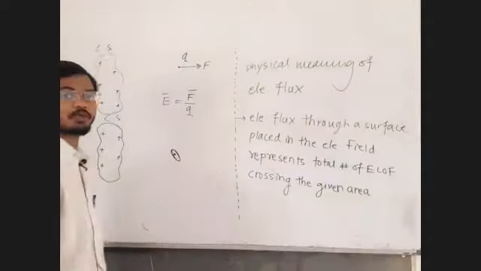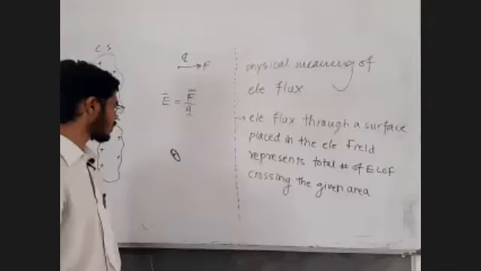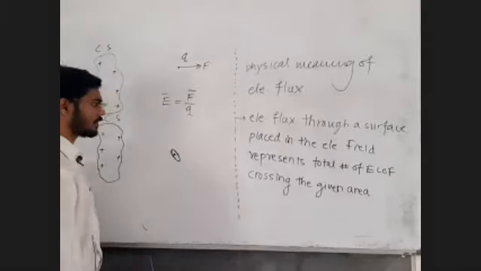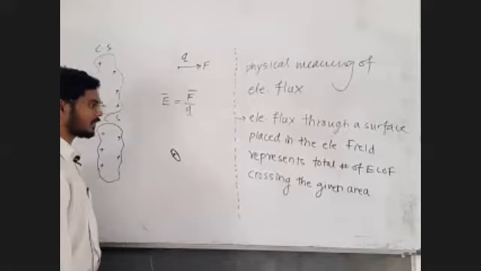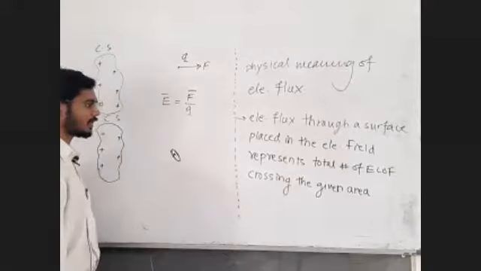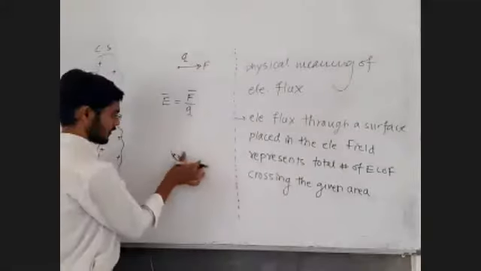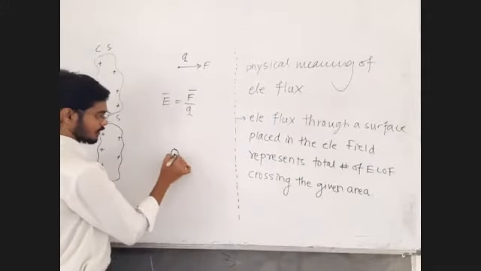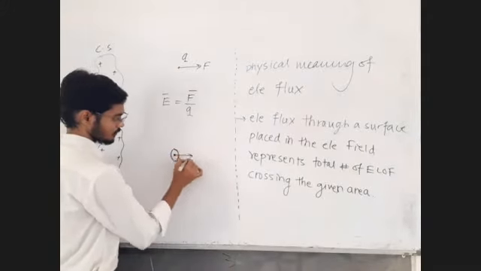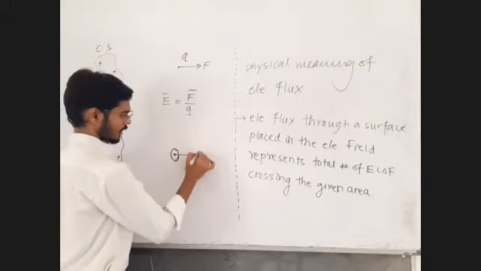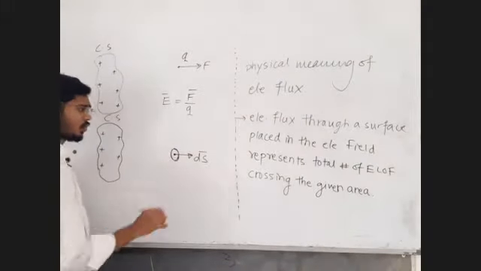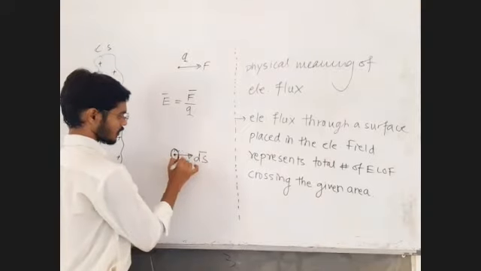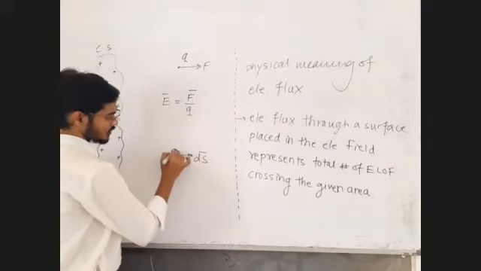And if I know how many electric flux lines are passing through a surface area, perpendicular to it, or let me take the area something like this, and I know what is the electric flux or how many electric lines of force are crossing this area.